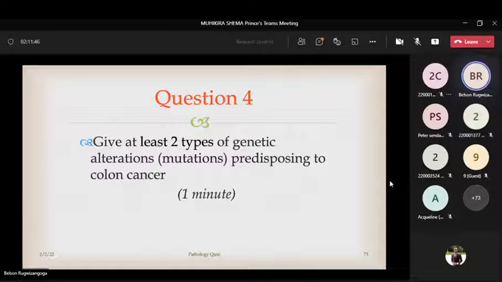So these are examples. Then you have specific mutations such as KRAS mutation, SMAD2 mutation, P53 mutation, and so on.